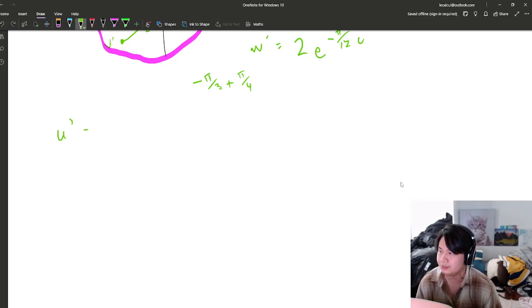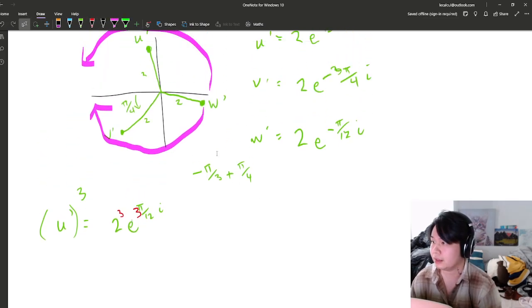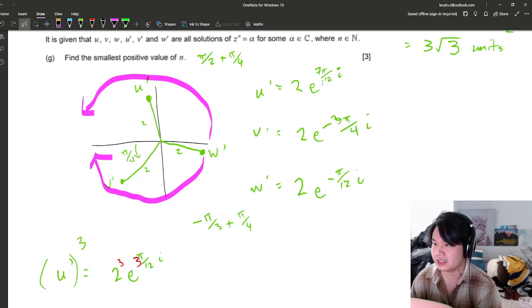So U prime is 2e to the pi over 12i. And then if we cube it, we're going to use De Moivre's theorem. So this means that 2 will be cubed, and then the argument will be multiplied by 3. Oh, 7 pi. Whoops.